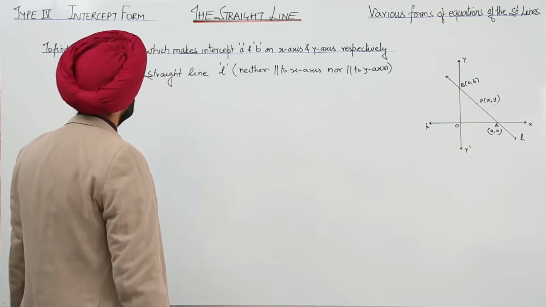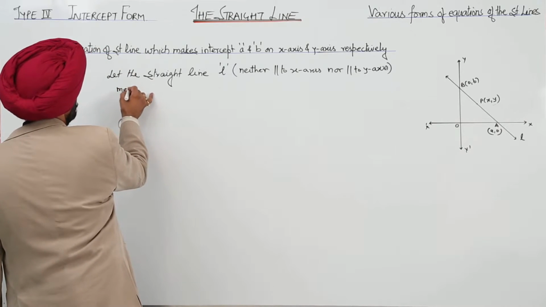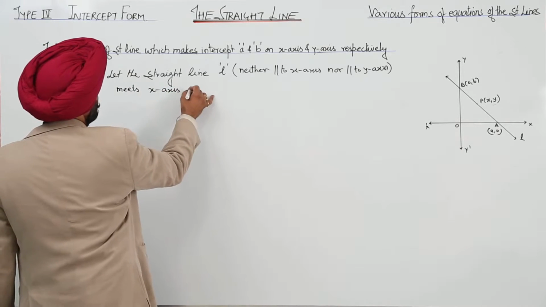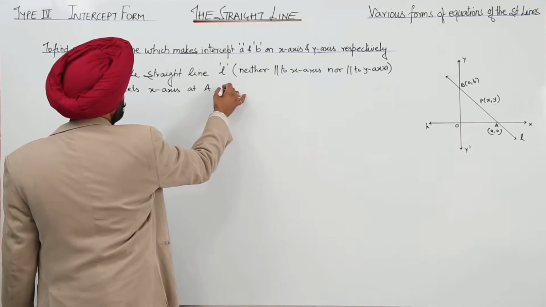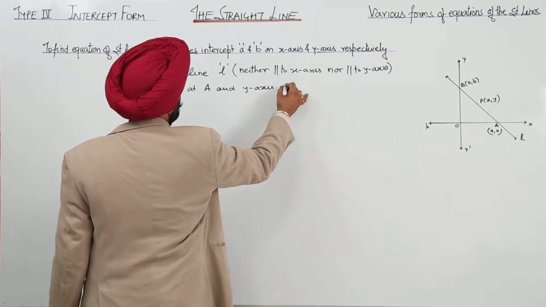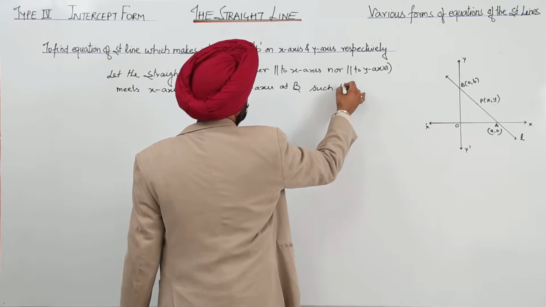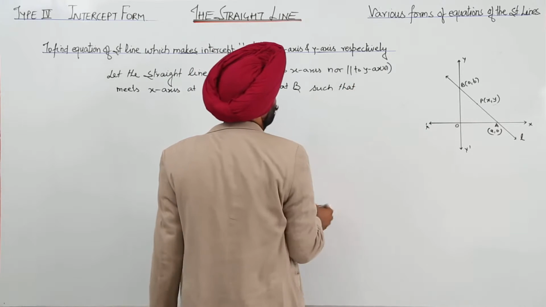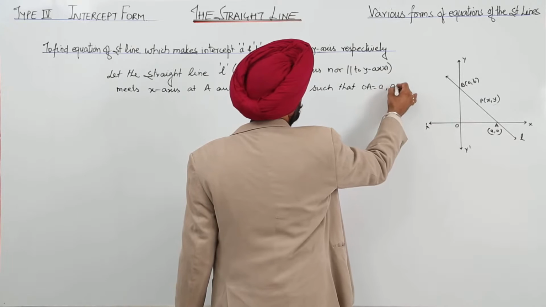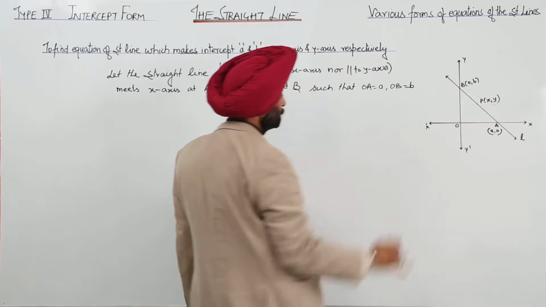So the straight line L meets the x axis at A and the y axis at B such that OA is equal to a and OB is equal to b. O is here, a and b.